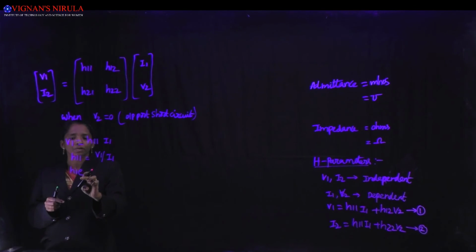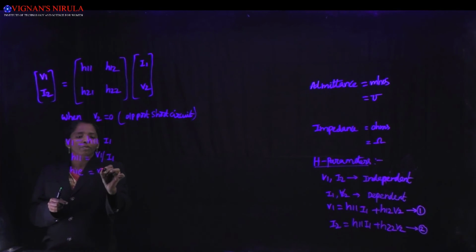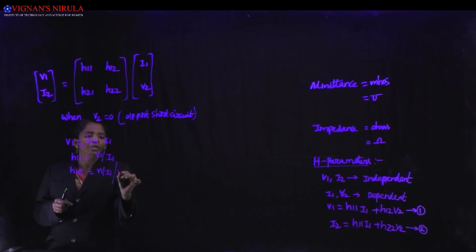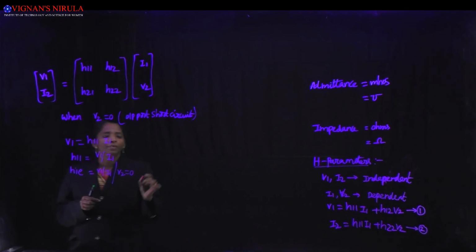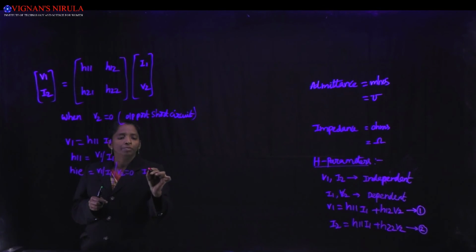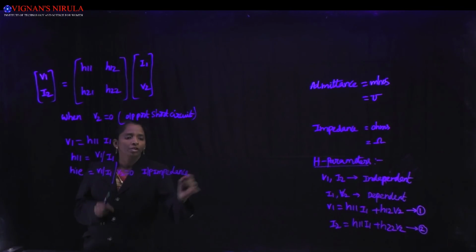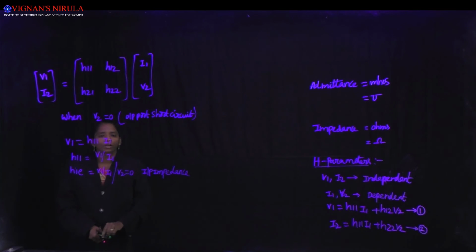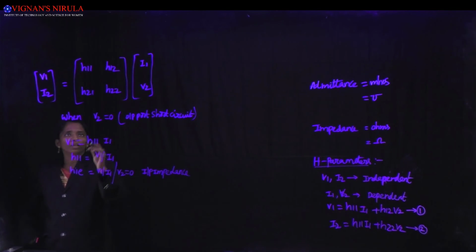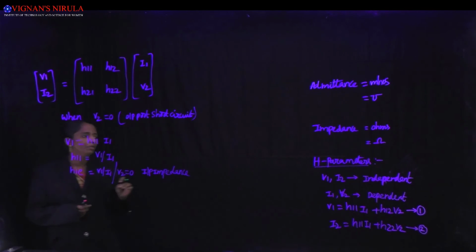That's why I wrote HIE equal to V1 by I1 at V2 equal to 0. This is called input impedance.